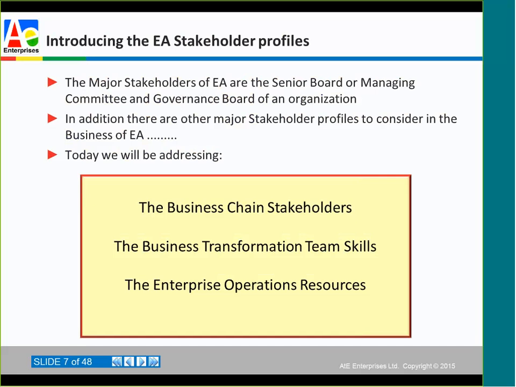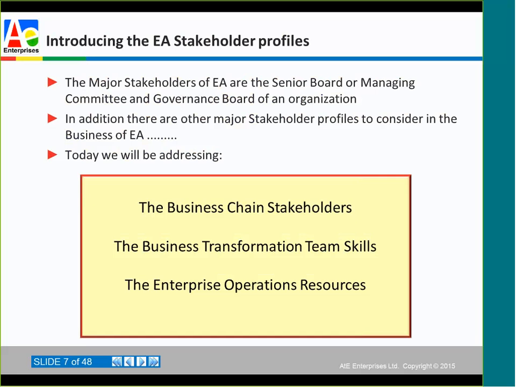But there are also other major stakeholder profiles we have to consider. So today we're going to have a first look at what we call the business chain stakeholders. We'll describe what a business chain is and the type of stakeholders that you would have there. We're also going to look at the business transformation team and the skills that they need.